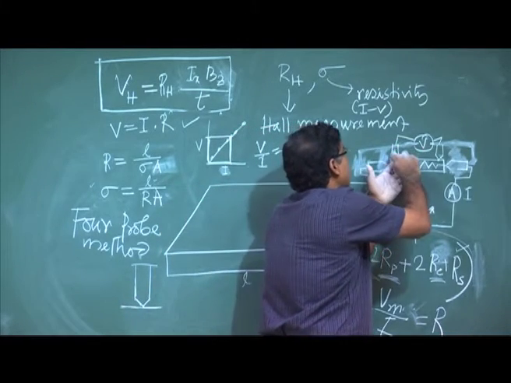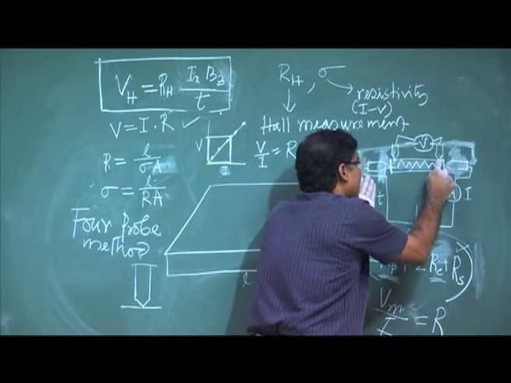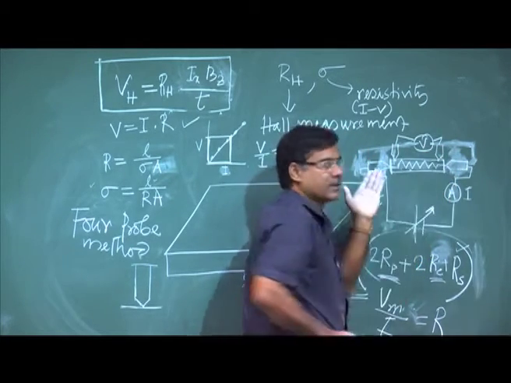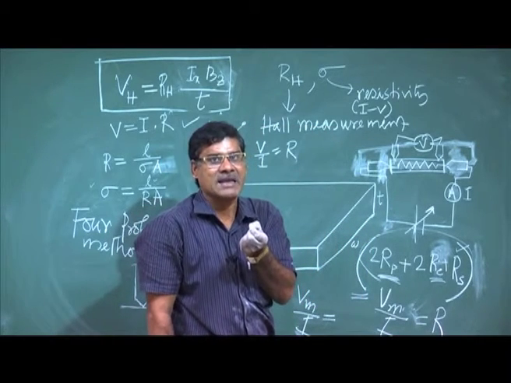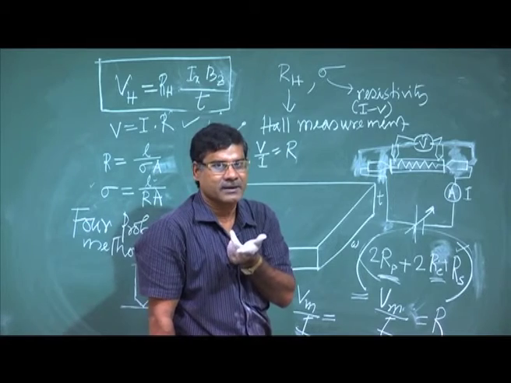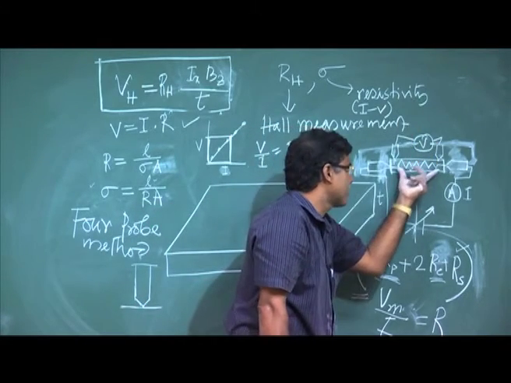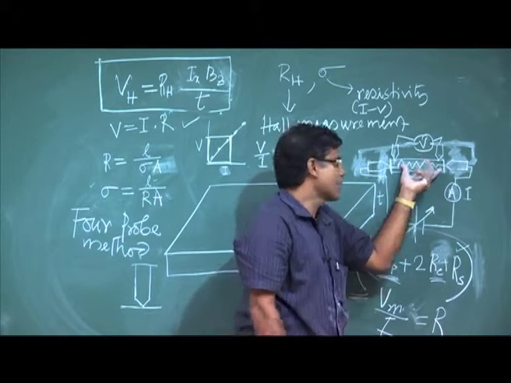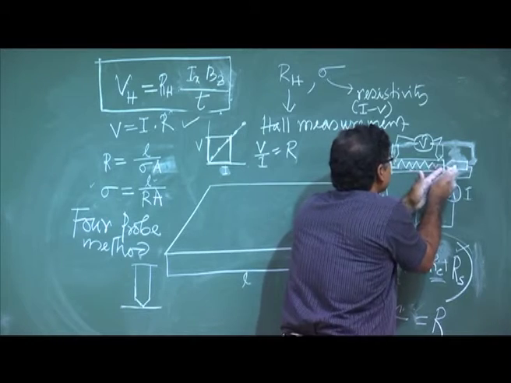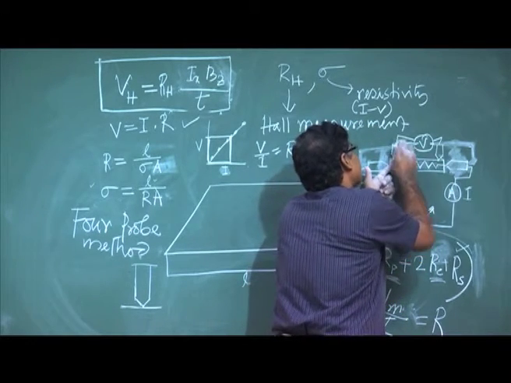So, no current will flow through this probe, right. It can be a very negligible current, okay, since this resistance is very high compared to your sample resistance. So, all current will flow through this and no current is flowing through this.